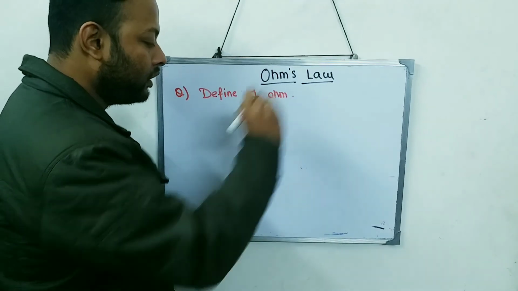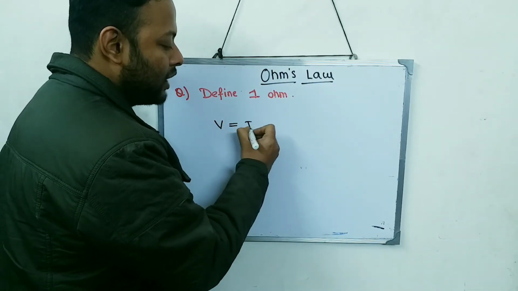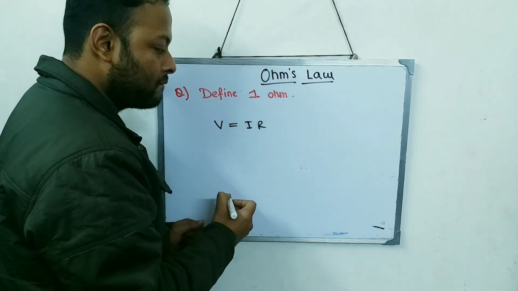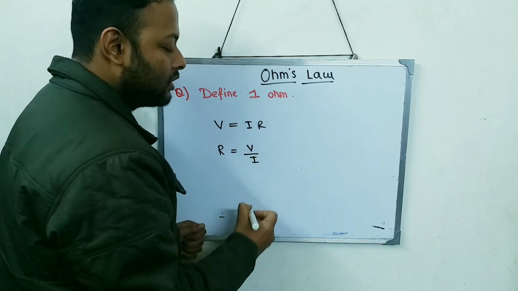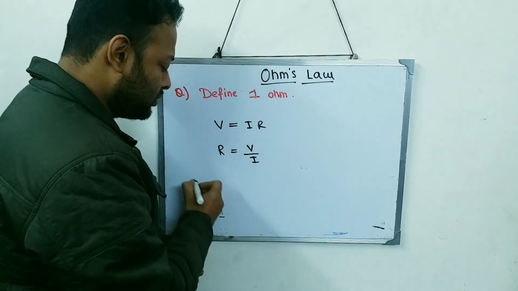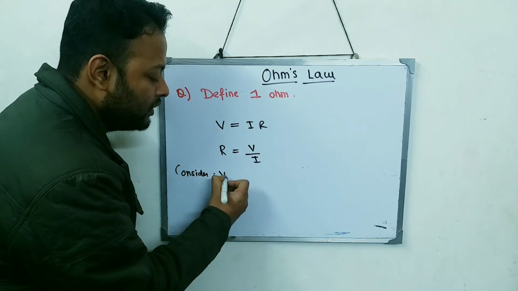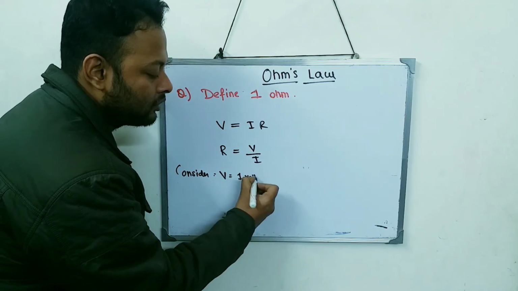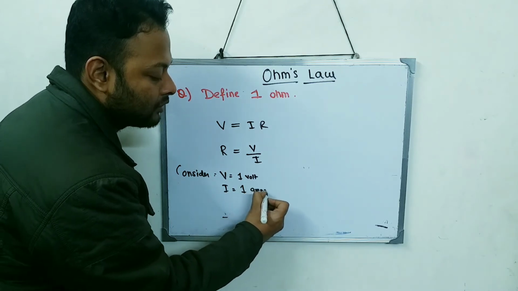See, we know this formula, V is equal to IR. So R is equal to V by I. Suppose you consider V is equal to 1 volt and I is equal to 1 ampere.